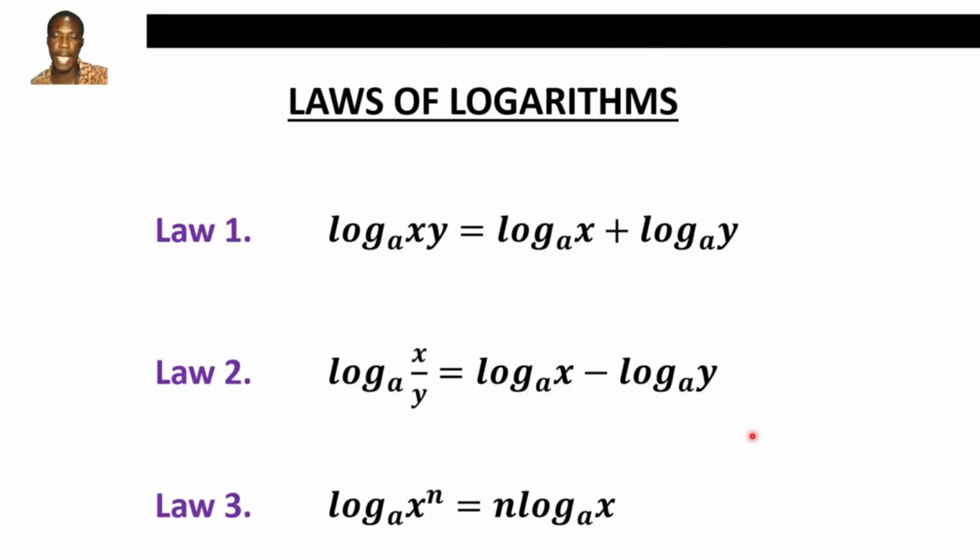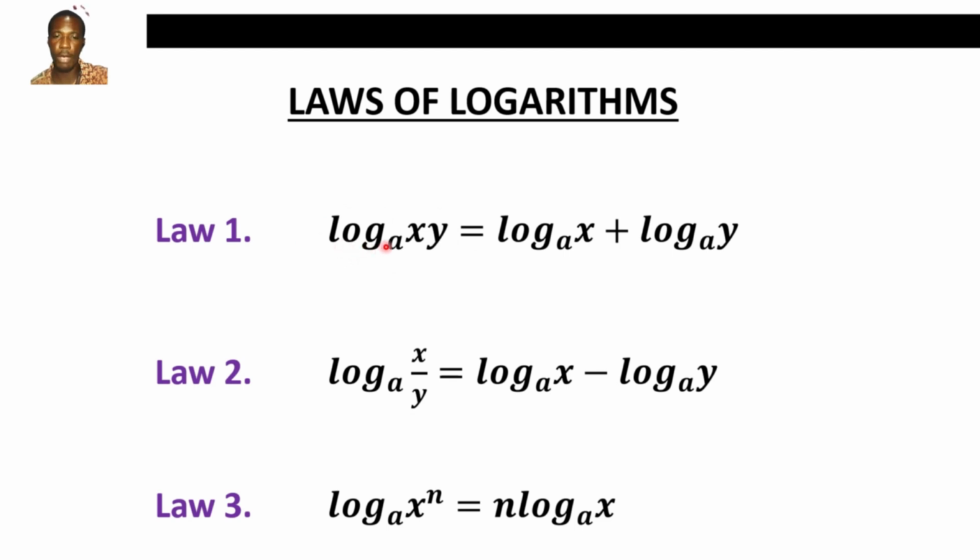Laws have been summarized here. We have the first law: if two values are multiplying, then in logarithm, it is true in all cases that when you separate the two values in separate logarithm values, you have the sum of the two logarithm values being equal to the initial product of the values, as we see here.